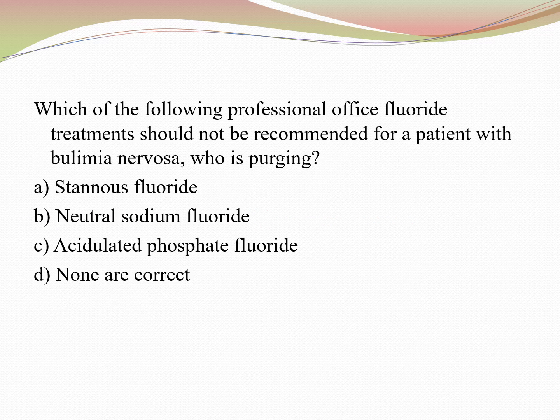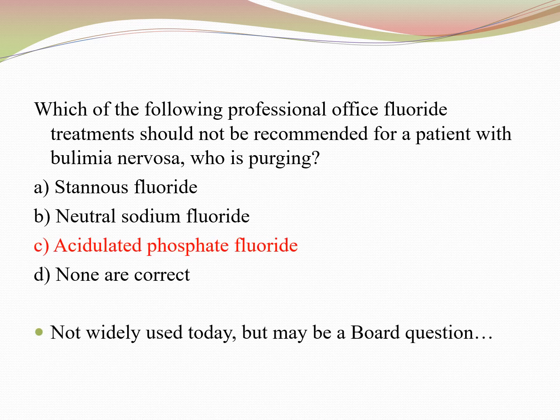Which of the following professional office fluoride treatments should not be recommended for a patient with bulimia nervosa who is purging? A, stannous fluoride, B, neutral sodium fluoride, C, acidulated phosphate fluoride, or D, it doesn't matter. Think of the names of the type of fluorides.